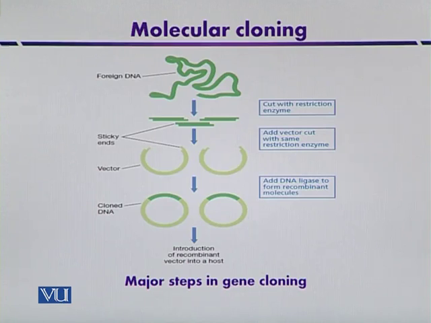Now, what strategy will we use to carry out this whole procedure, that is the gene cloning? The first step is the source DNA. Source may be of any type, and here suppose it is the genomic DNA that is labeled here as the foreign DNA.